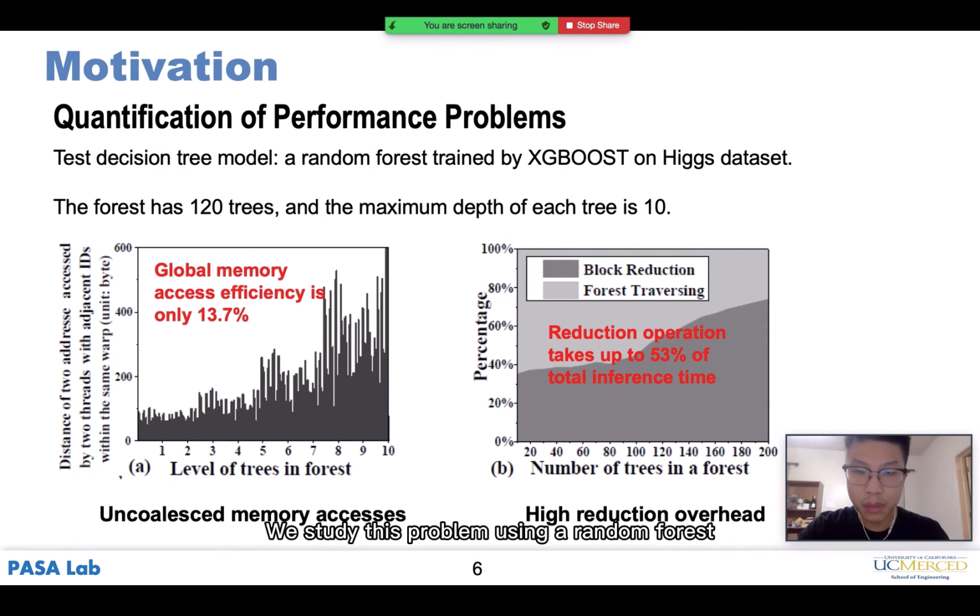We study this problem using a random forest trained by XGBoost on a common dataset, Hedges. For the first figure, we observe that the ratio of requested data to total data fetched from global memory is only 16.7% because of the uncorrelated memory accesses. From the second figure, the reduction operation takes up to 53% of total inference time in our example with 120 trees.